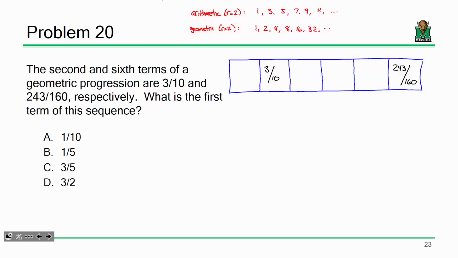The common ratio is R. The number of terms is N. The last term, or the nth term, is L. So I propose to you in terms of notation, we've got L2, L3, L4, L5, L6, and then we've got L1, but that's just A.